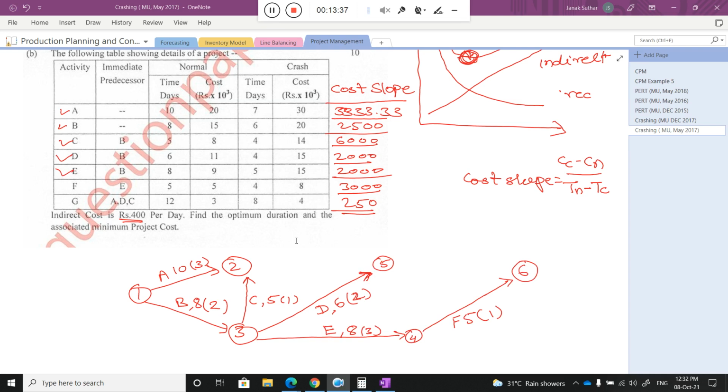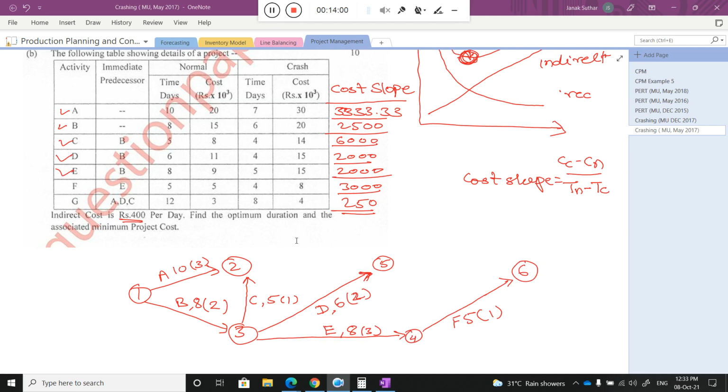Class, where do I need to draw the activity G? Are you getting my point? Class, if there is any doubt regarding the network diagram, then please let me know, because this is the basis for the critical path, for the program evaluation review technique, for the crashing.